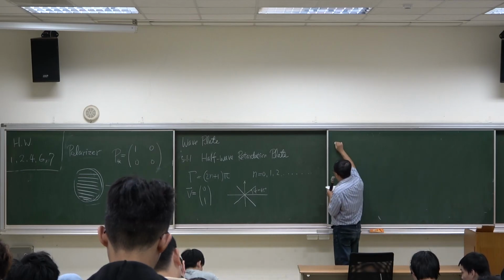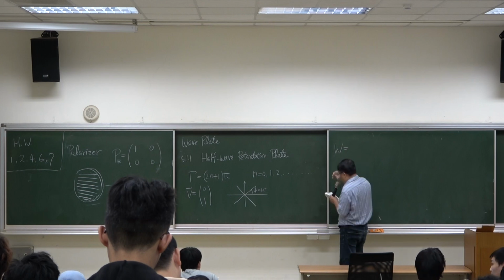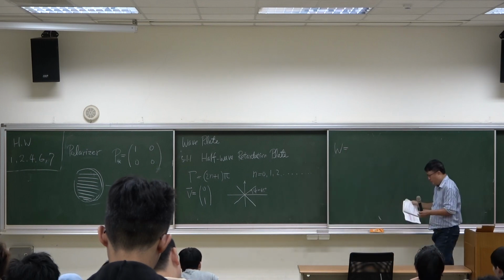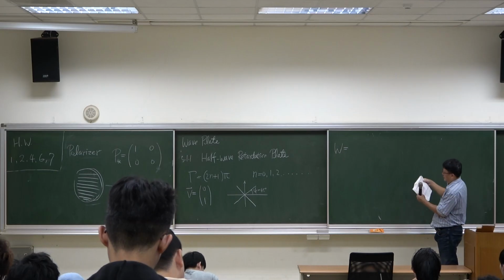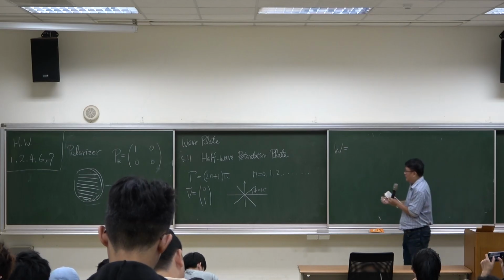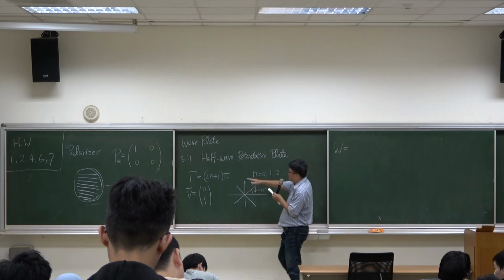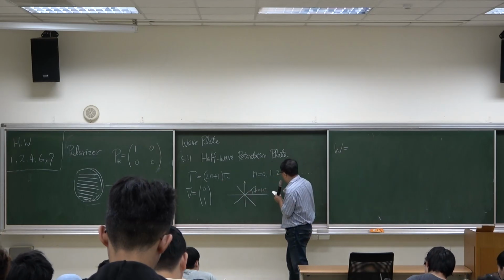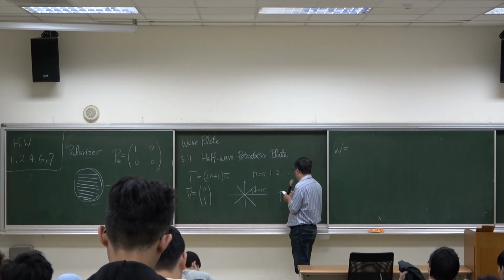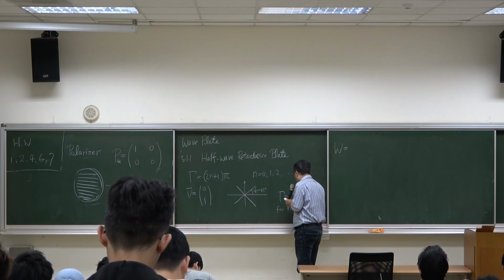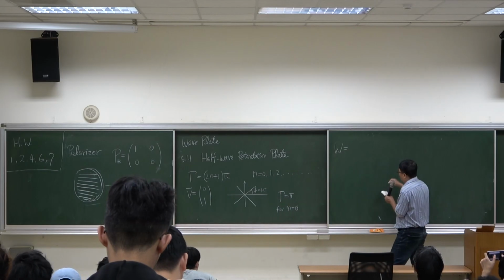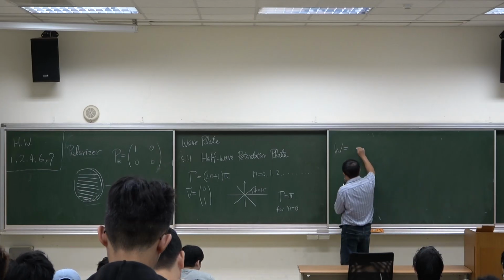Now we have W equal to this one. 为了简单起见，我们就直接令 n 等于0啊。W is equal to this.